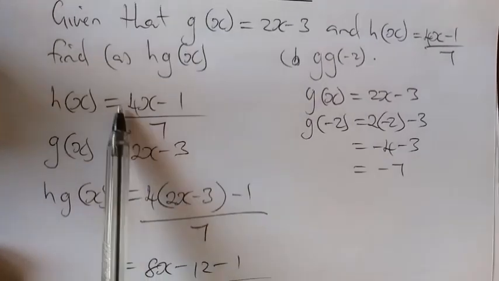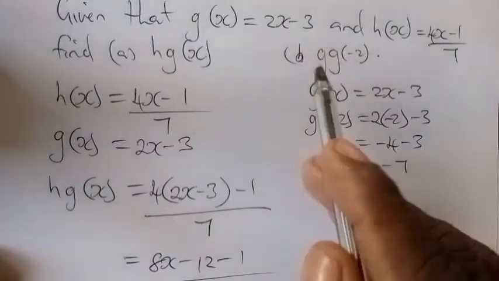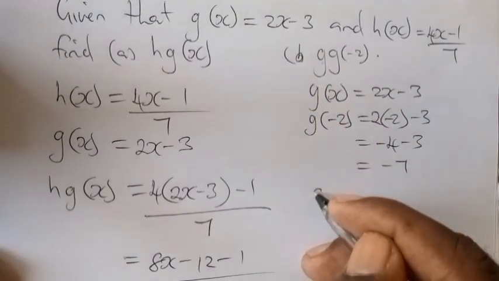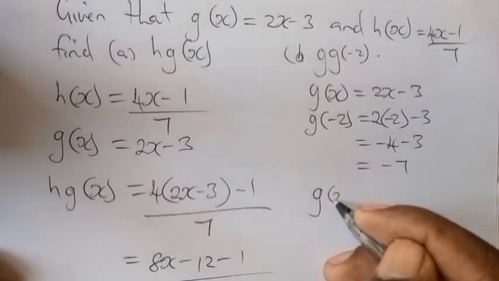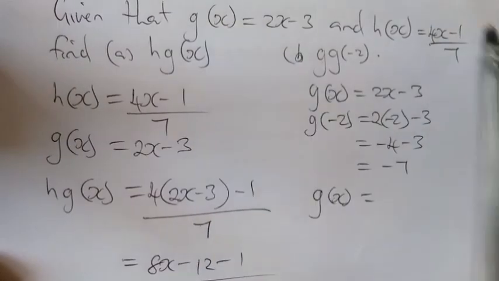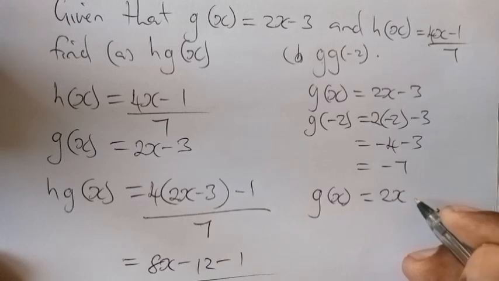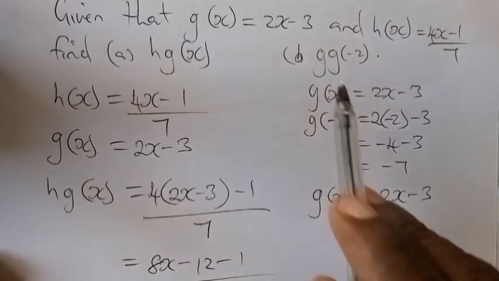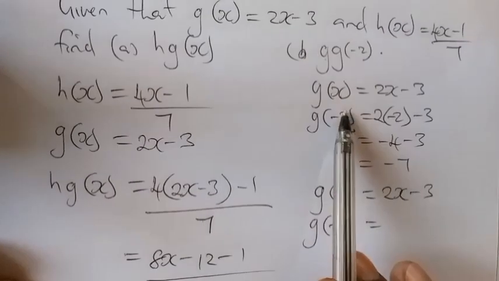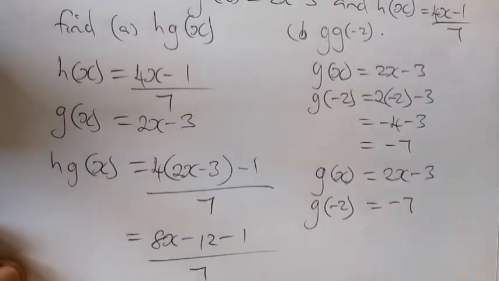So now if we are to use this method here, we are saying the first function used here, which is g of x. So g of x is what is going to be taken as our main function, and this is 2x minus 3. Then the minor function is g of negative 2, which we have found as a minus 7.